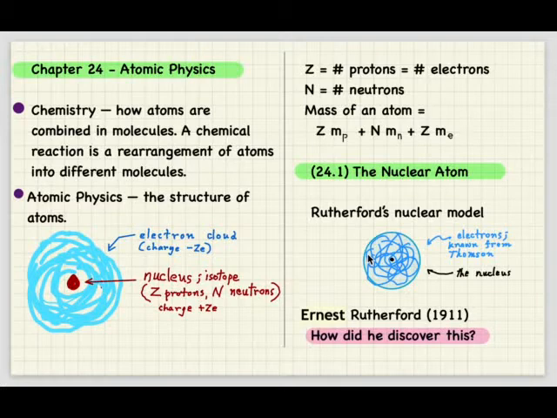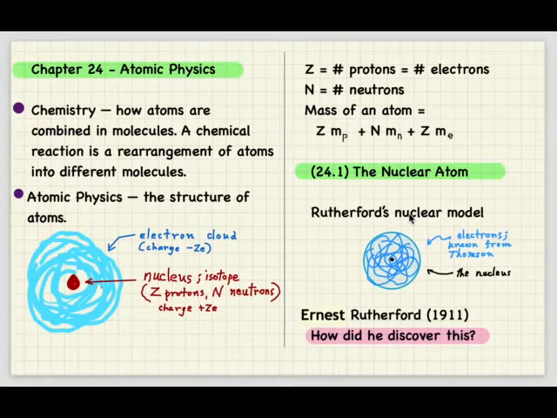The electrons were known from the experiments of J.J. Thomson. Thomson proved the negative charge comes from elementary particles, all identical, which we now call electrons.